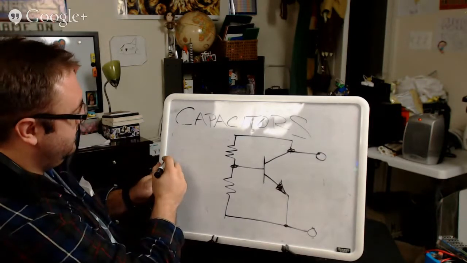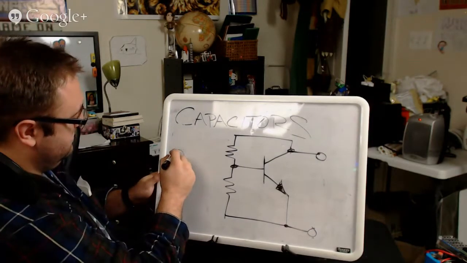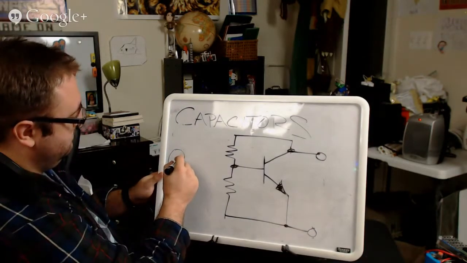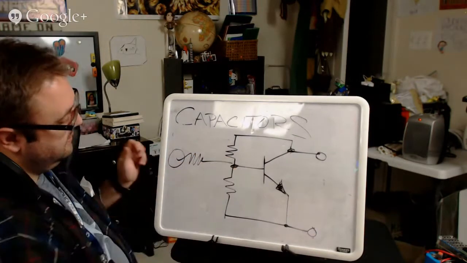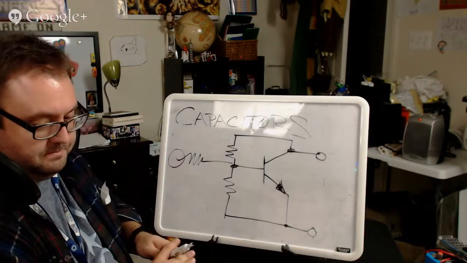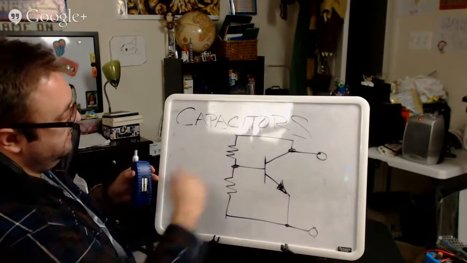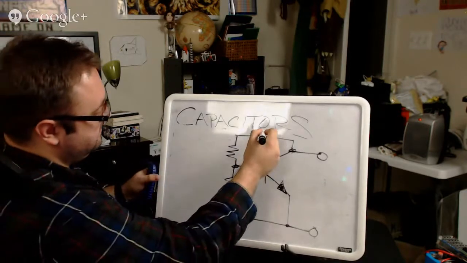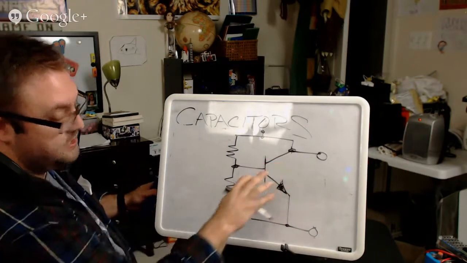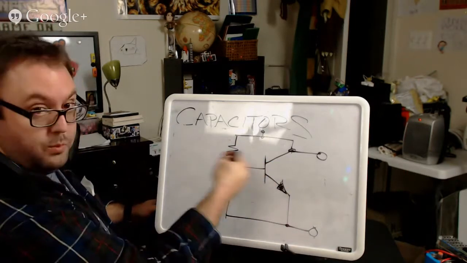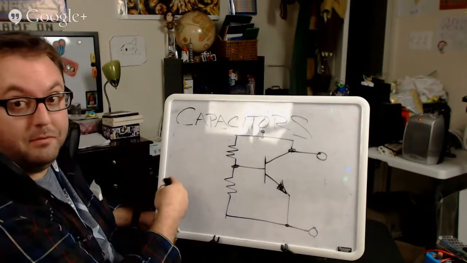Say we have our microphone. You could just take that signal and put it right in. The problem is the DC voltage that we're using to bias this transistor to turn it on will want to flow back into circuits that have come before it.